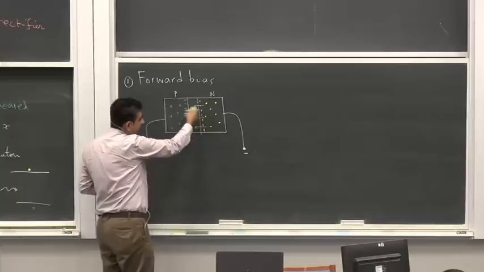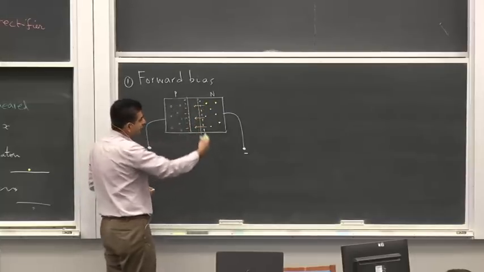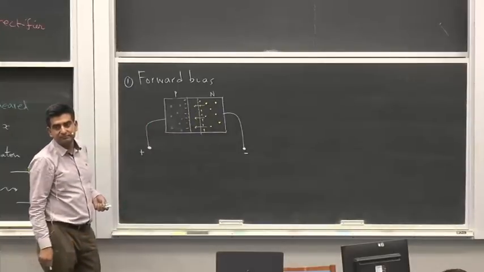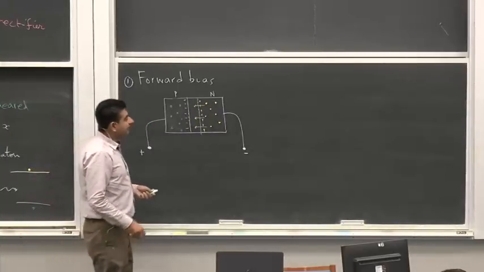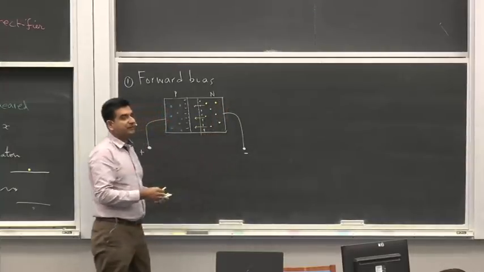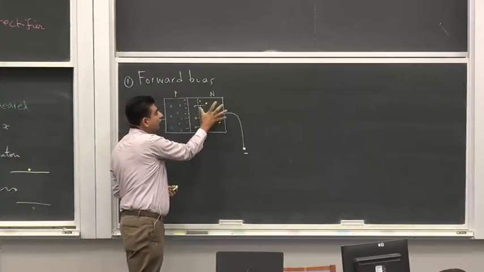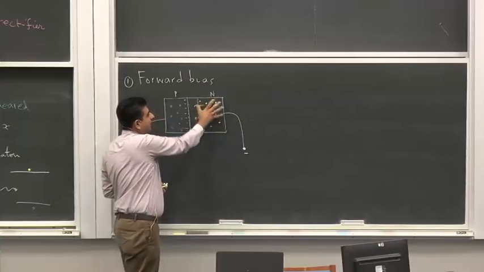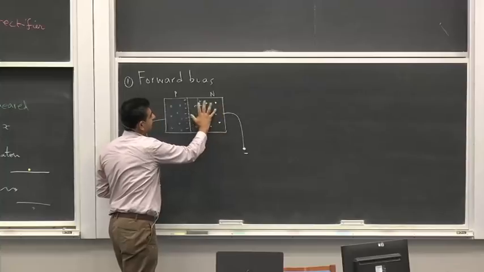This is what was going to happen by intuition, and physics matches intuition here. The electrons are going to drift into the depletion region. Now when this happens, this region is going to become devoid of electrons, because this sea of electrons, this mobile swarm of electrons, is going to drift towards the depletion region.